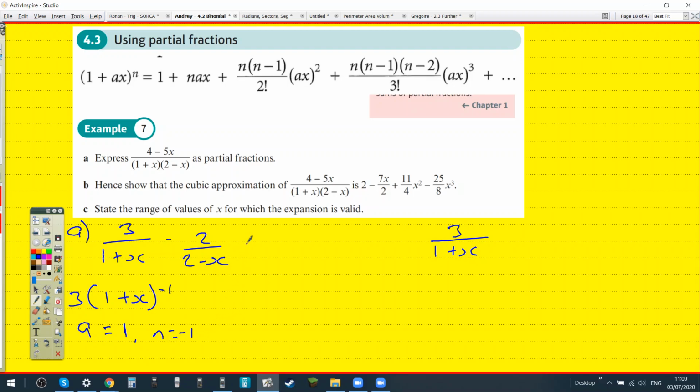So would I then do here 1 plus minus 1 times 1x, and then plus minus 1 times minus 1 over 2 factorial. Yep.